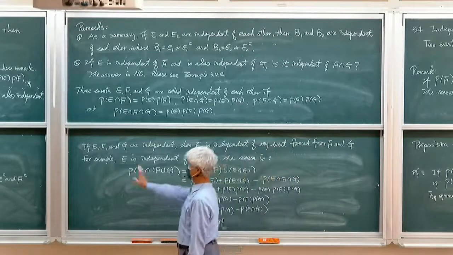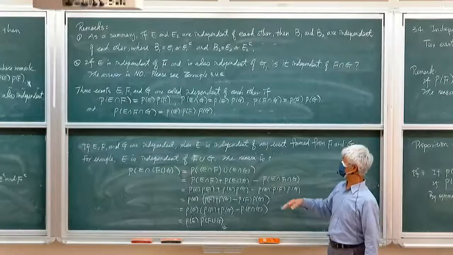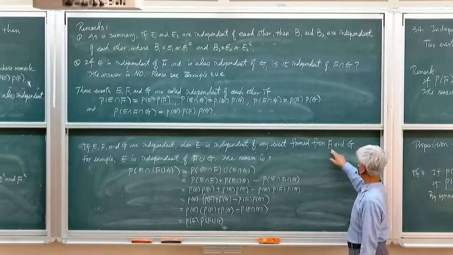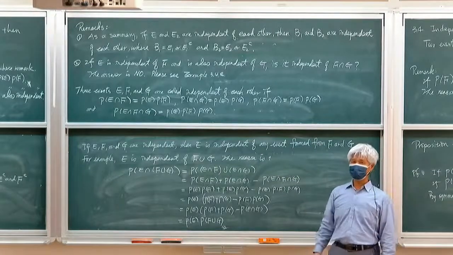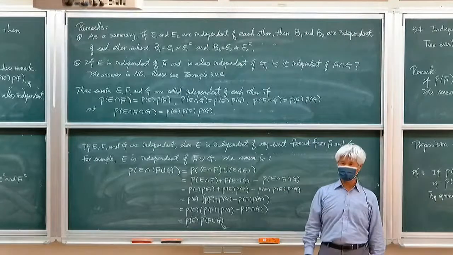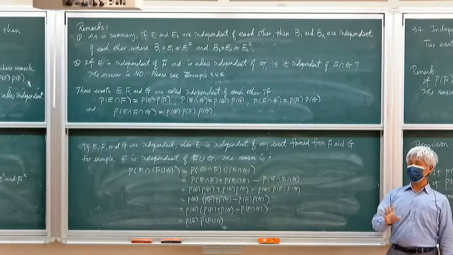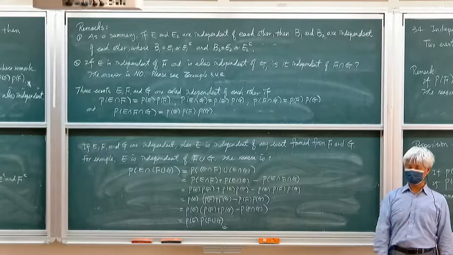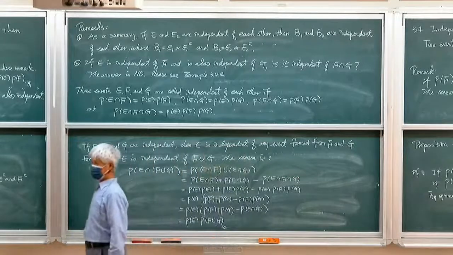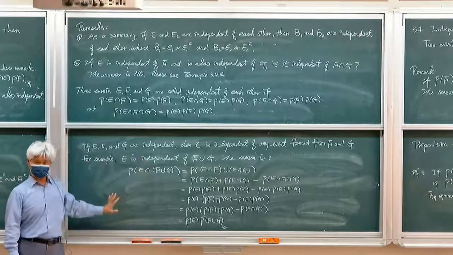All right, so that is an example. Now you may ask me, can I prove that E is independent of any event formed from F and G, without enumerating all possible events formed from F and G? Yes, we can do that, but that will take some time. So I decided not to do that. I just state the statement here and give this example.